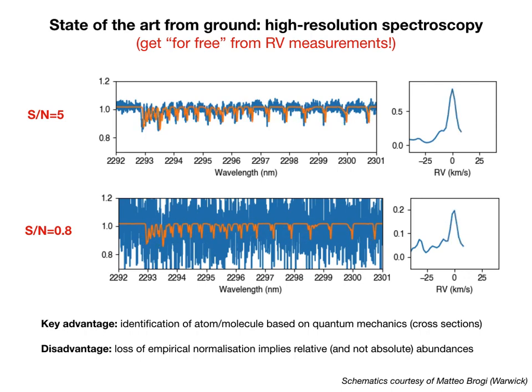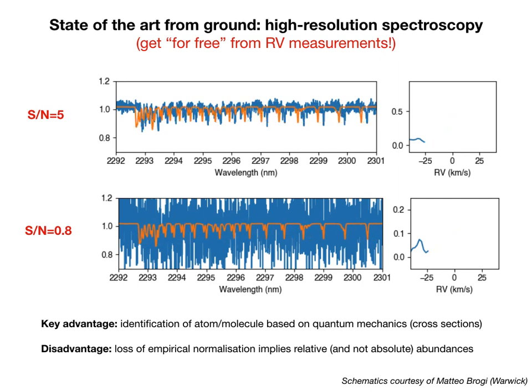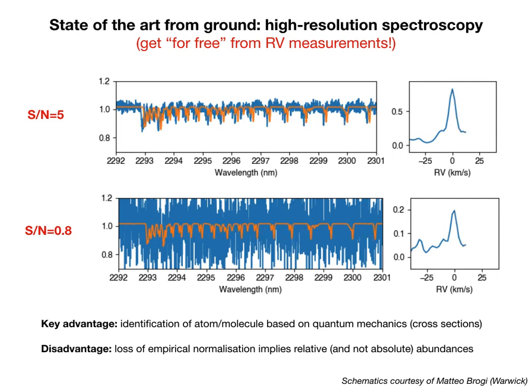It turns out it's much harder. It is relatively easy to say if a molecule is present or not in the atmosphere. And it's much trickier to say how much of the molecule is present at what temperature or pressure. And this is partly because when you measure these spectra from the ground, you have to correct for the influence of the Earth's atmosphere, and this correction leads to a loss of empirical normalization in the transmission spectra.